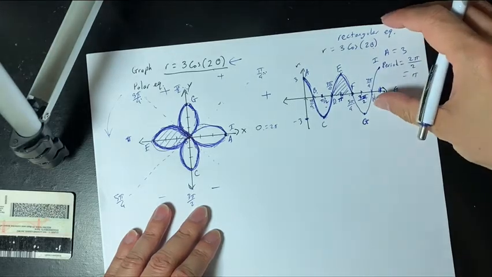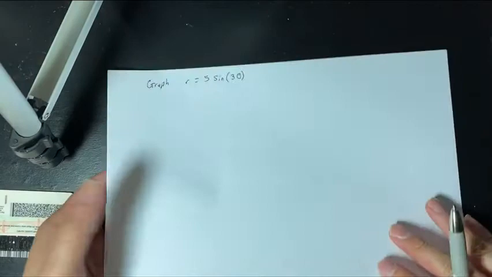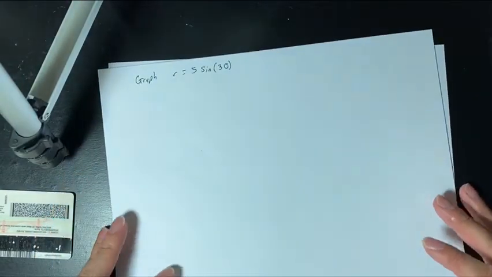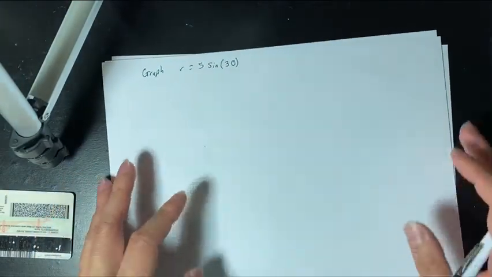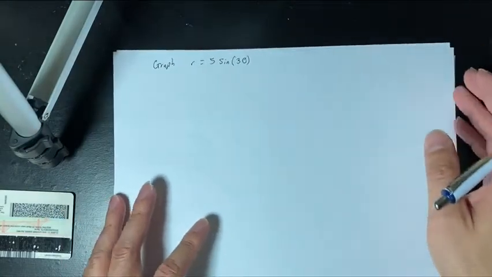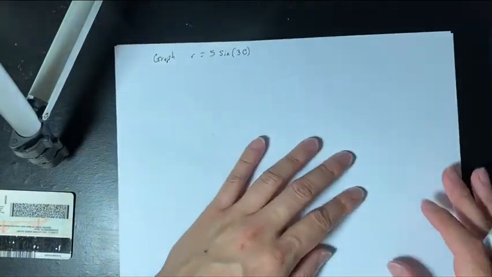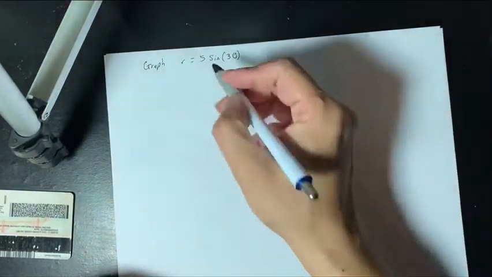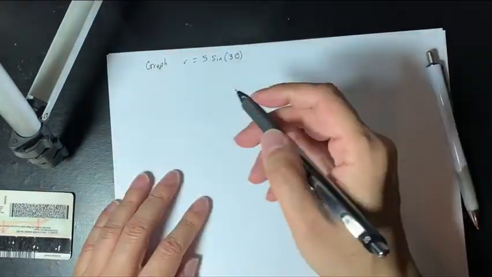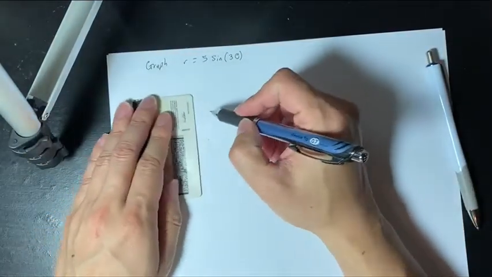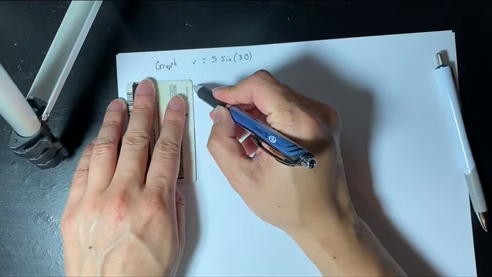Okay, let's do one more example. So here I have r equals 5 sine of 3 theta. And I'm going to graph this in the xy plane.